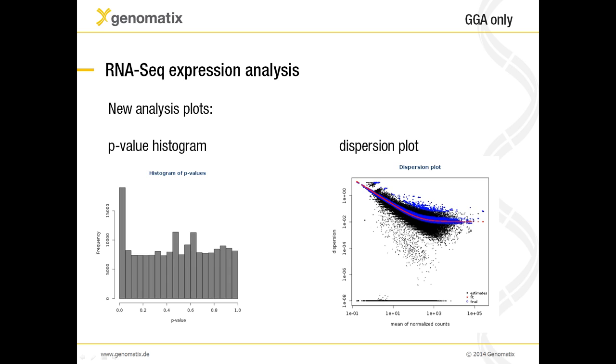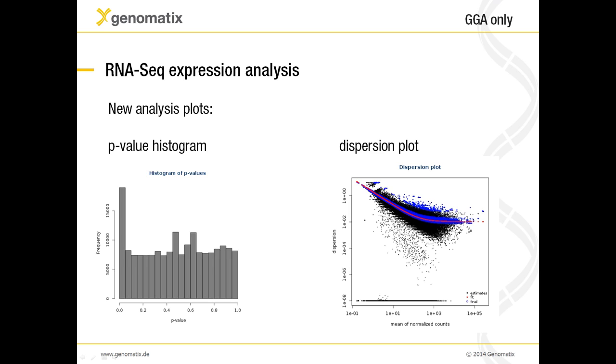And the raw data that we get here from the measurement for the transcripts are then changed a little, so they are actually shrunk into the direction of this fitted curve, and this is represented by the blue area that you see here. So they are not completely substituted by this curve, but they are moved in order to get a better estimation of the actual dispersion for each of the transcripts.